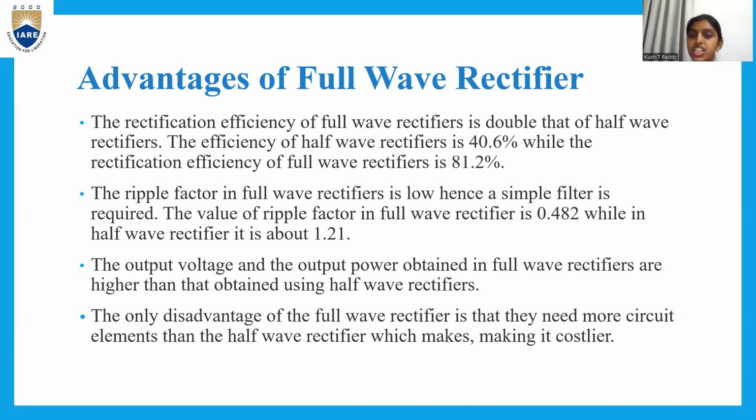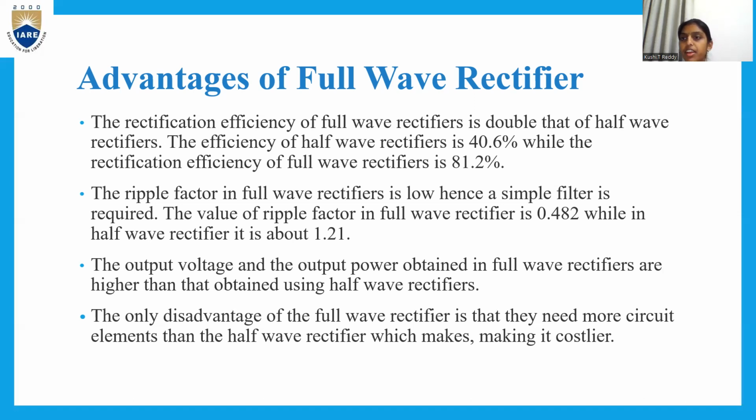So in this whole presentation, we have learned about full wave rectifier, and the main difference between full wave rectifier and half wave rectifier is that in half wave rectifier, you are going to use only the positive half cycles, and the negative half cycles are wasted, so it is less efficient. Whereas when you come to a full wave rectifier, you're going to use both positive half cycles and negative half cycles. And in full wave rectifiers, you have two types of circuits, that is center tapped full wave rectifier and bridge rectifier.